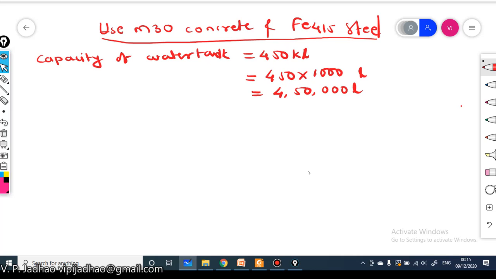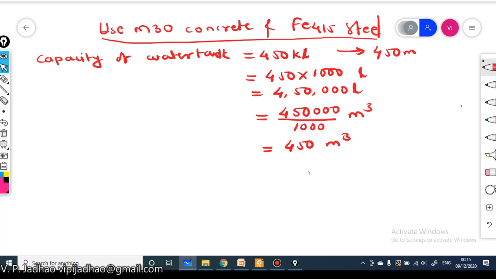We can convert it into cubic meter by dividing by 1000, so 450,000 divided by 1000 gives 450 cubic meter. If you directly know the conversion from kiloliter to cubic meter, you can write 450 cubic meter directly. So this is the capacity.